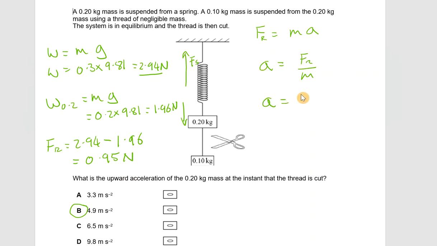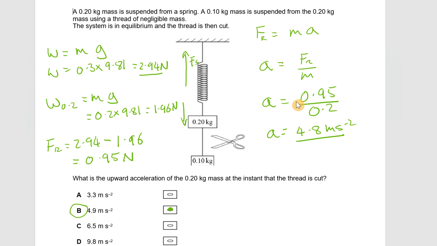I can use 0.95 newtons for my resultant force. It's trying to accelerate a mass of 0.2 kilograms. I get an answer of 4.8 meters per second squared. Okay, well B 4.9, there may be a rounding error in there, so B is the correct answer.